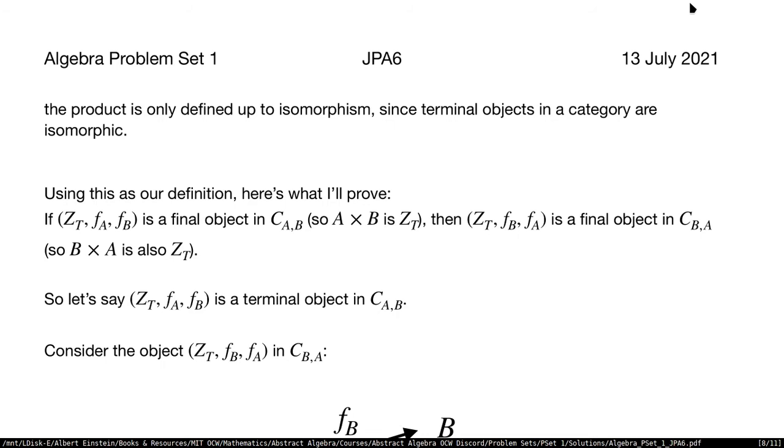I wonder if we define products in a category as the final objects in that category, then it becomes pretty trivial using proposition 5.4 to show that they're isomorphic.